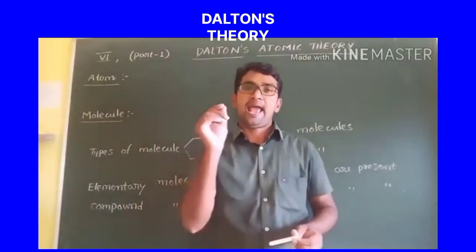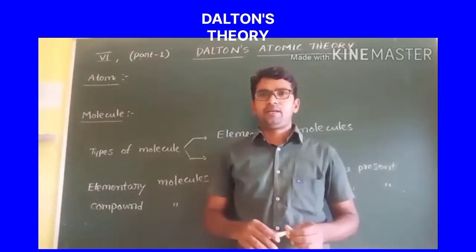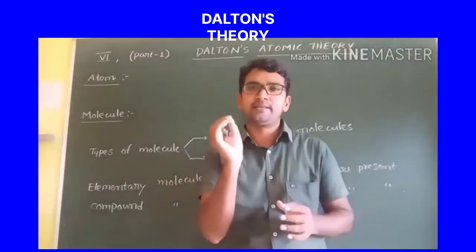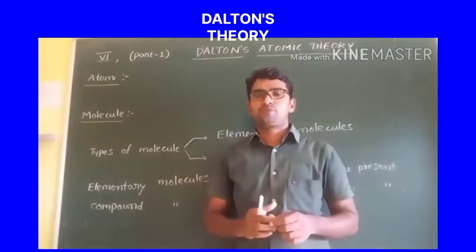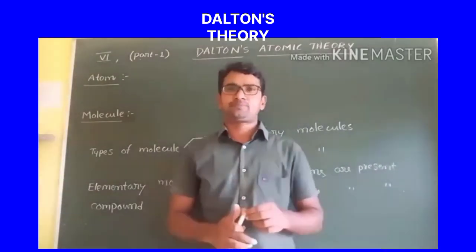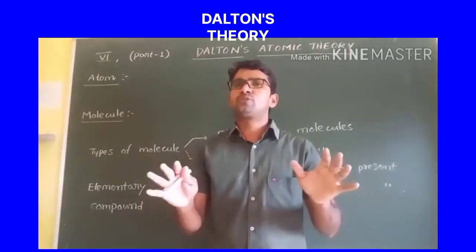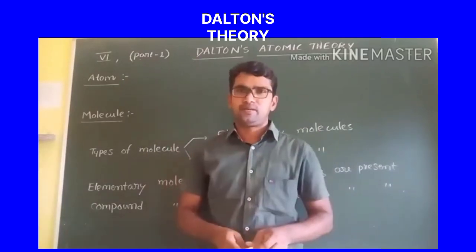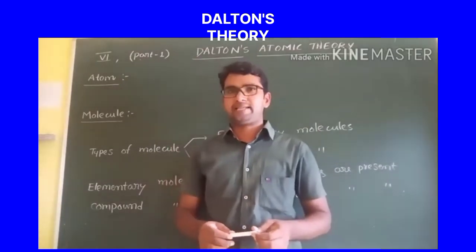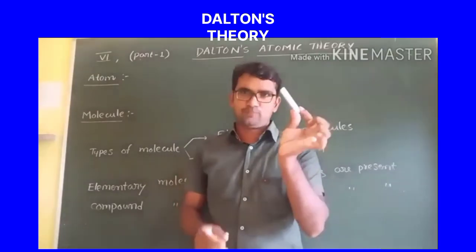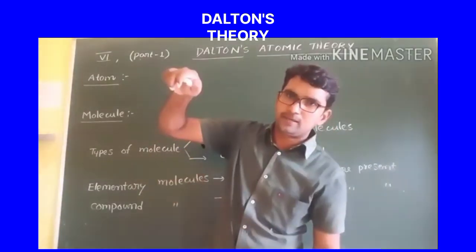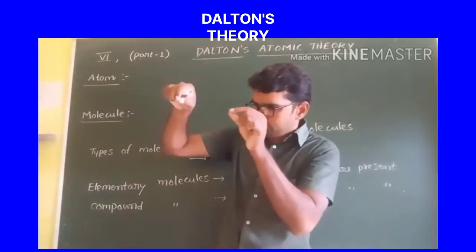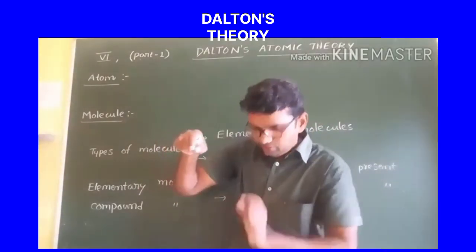That part is an atom. Atom is the smallest particle in the universe. Smallest particle means there is no possibility to cut it smaller. The best example for an atom: take this chalk piece, do like this, small dust particles fall down.